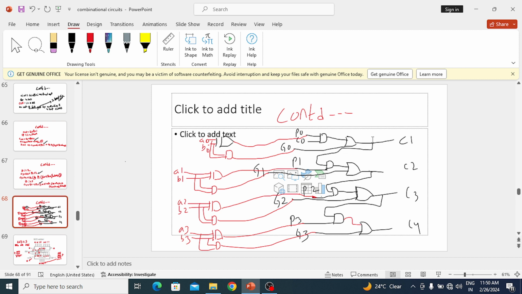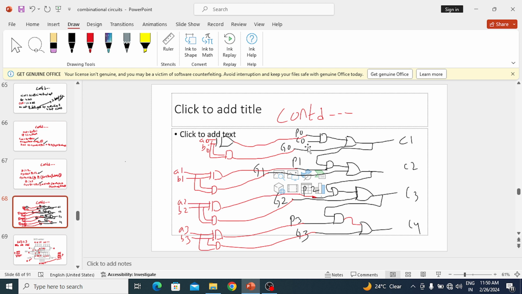So this C1 I will give here like this, P1 C1 plus G1. This G1 I give, so C2 you will get. Now this will come here, this will go. Now this will come here, this will go. Okay, so you understood how to do this from the equations only.